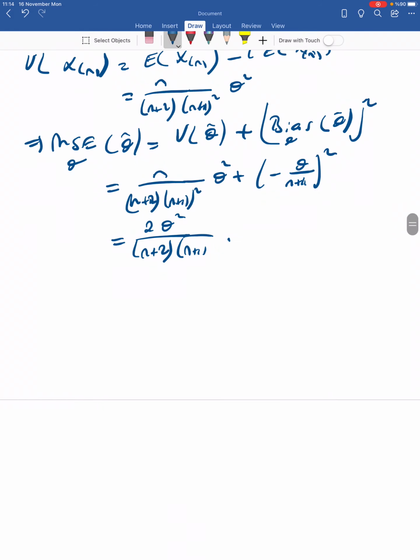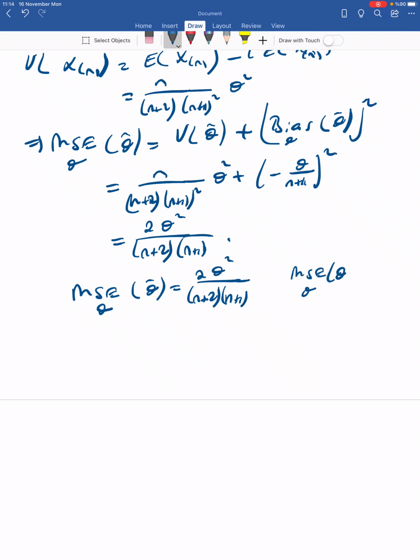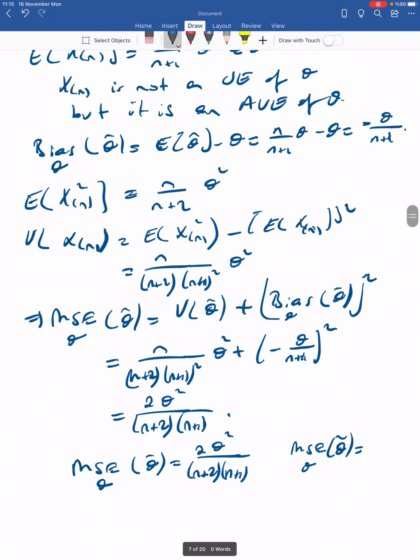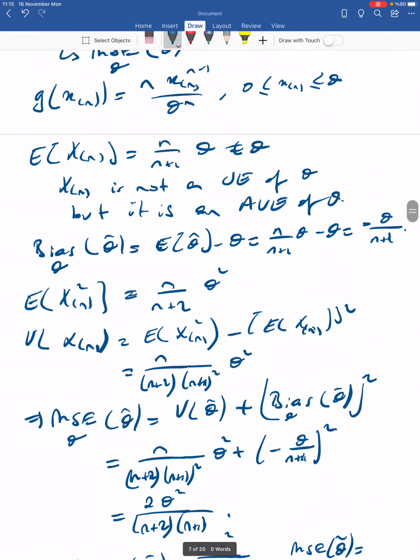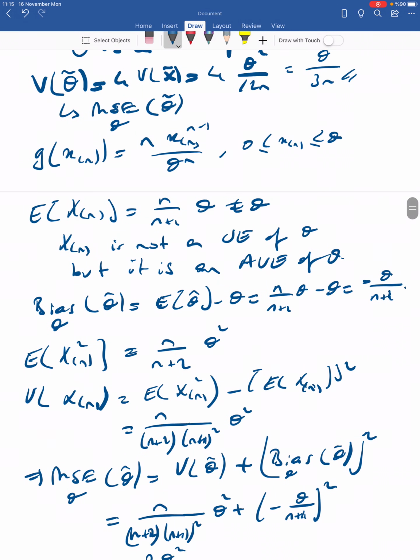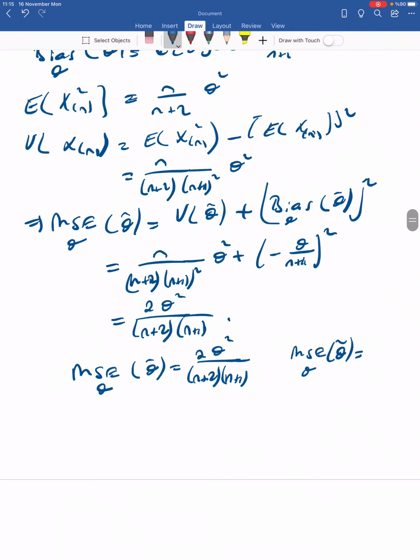So let's compare them. The mean square error of theta hat, we obtain as 2 theta square over n plus 2 n plus 1. And the mean square error of theta tilde, what was that? Okay, so theta over 3n.